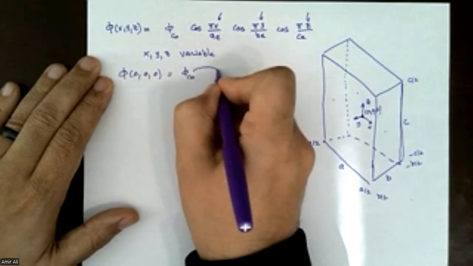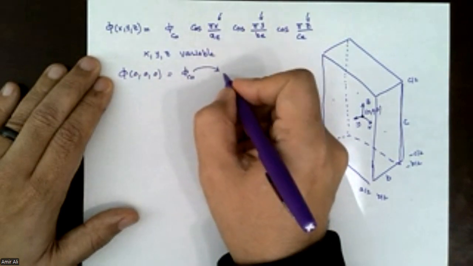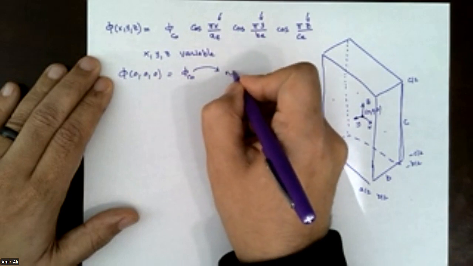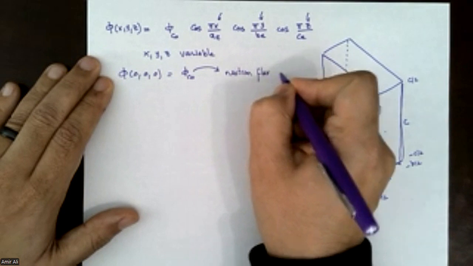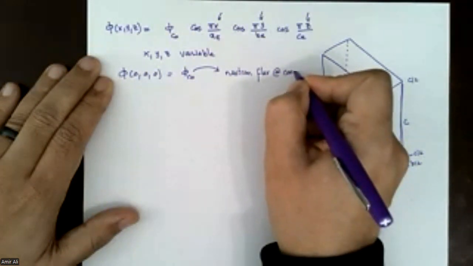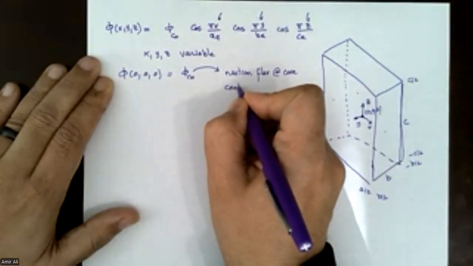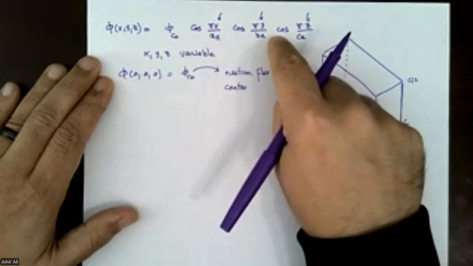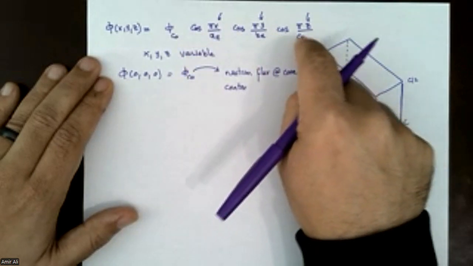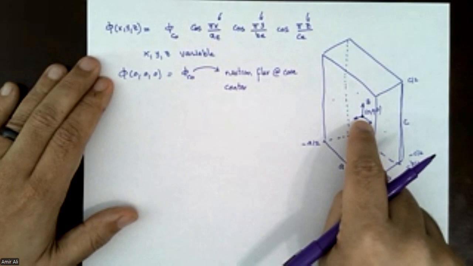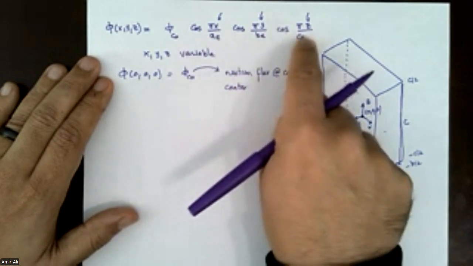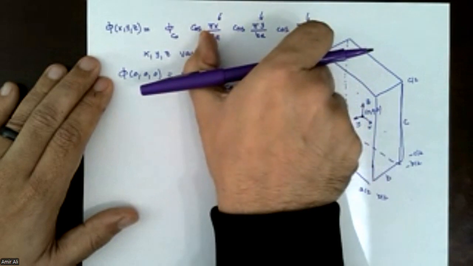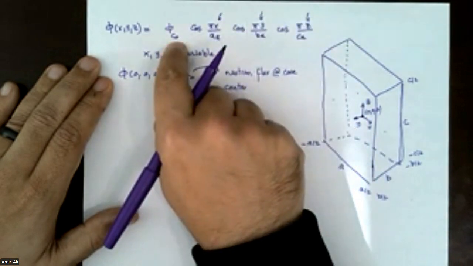So phi c naught is defined as the neutron flux at core center. Then we know that cosine can go from 1 to minus 1, which means that if you change the center point to any other location, each cosine will be a fraction, which means that you end up with a fraction of phi c naught.